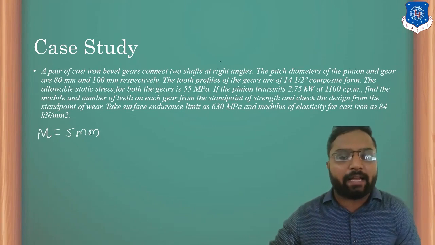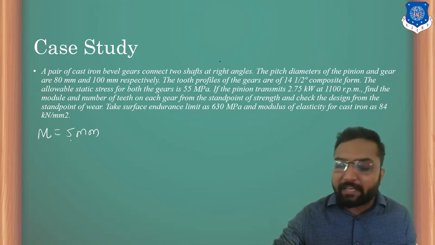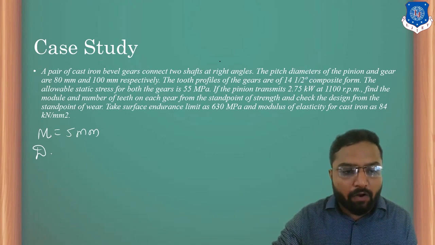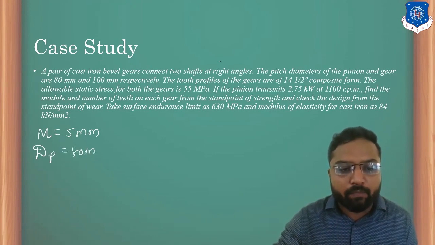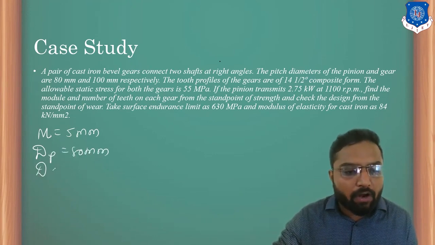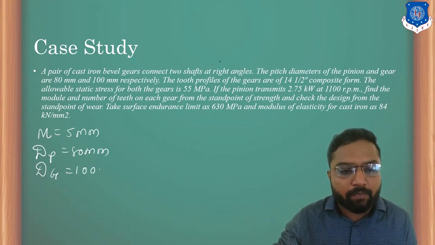Depending on that, we have to find the number of teeth. Here we have the diameter of the pinion, which is 80 mm, and the diameter of the gear, which is 100 mm.